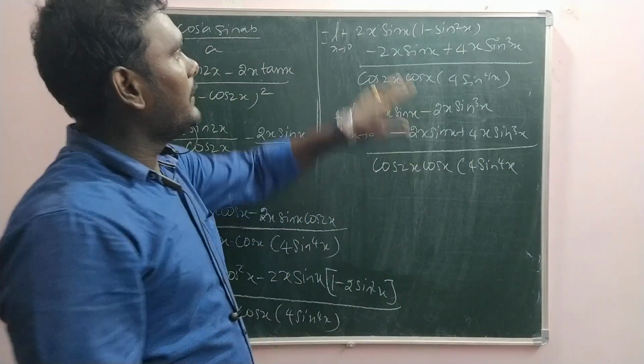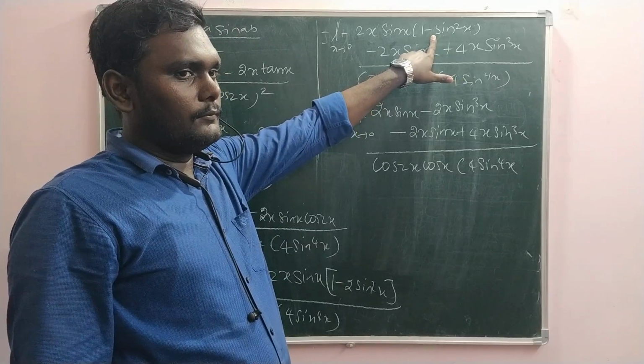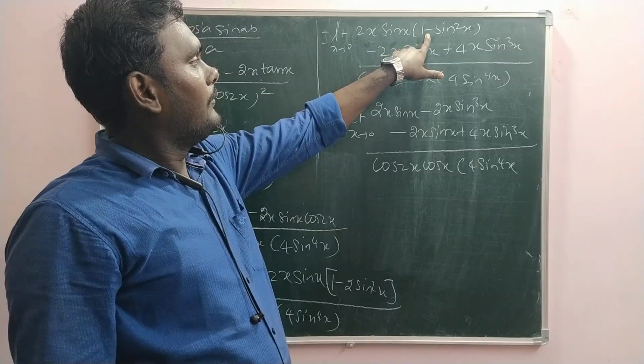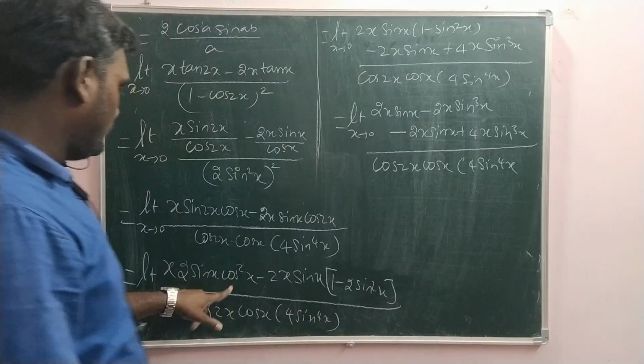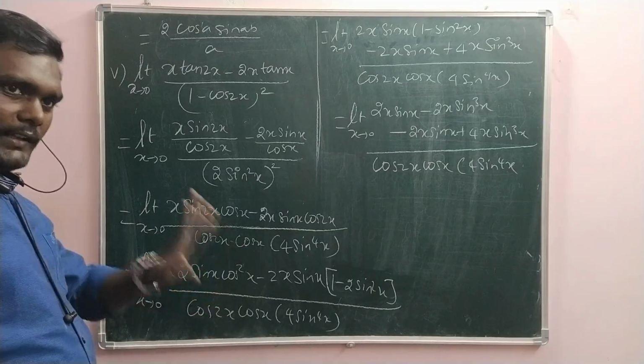See, I multiplied this 2x sin x inside. Then 2x sin x. Cos square x is what? 1 minus sin square only.